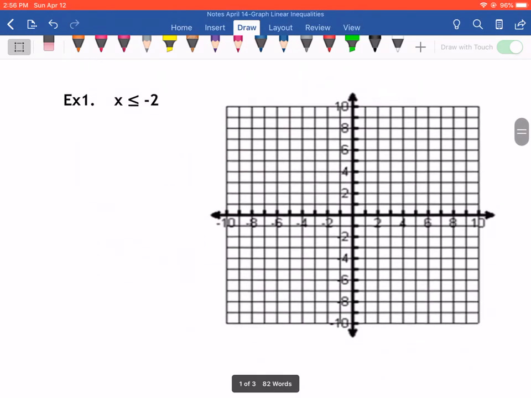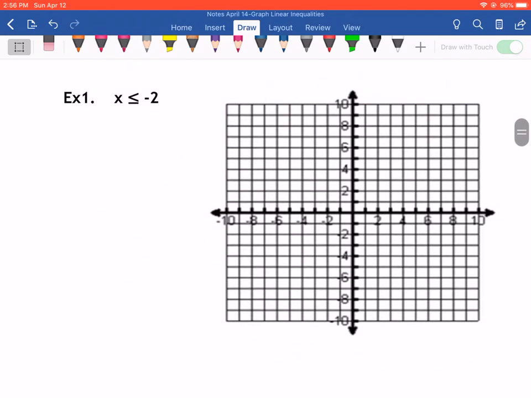Let's look at example number one. With example number one, we have the line x is less than or equal to -2. So first of all, this is not an equation of a line like y equals mx plus b. You know that this is simply a vertical line that's going through -2 on the x-axis. So what we want to do is locate -2.